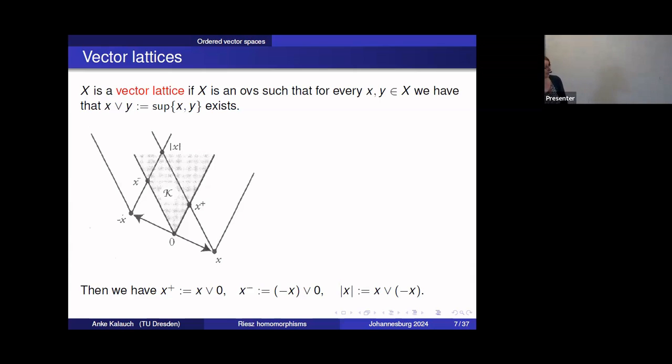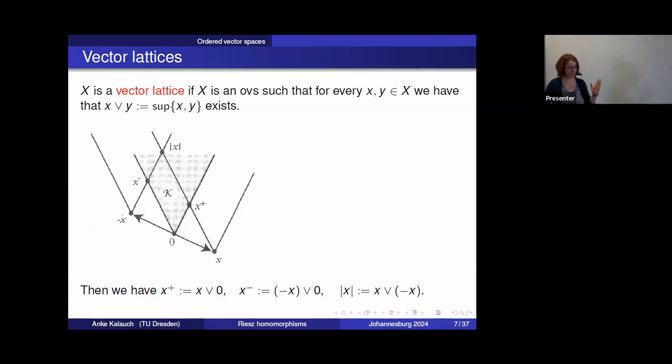Vector lattices are very nice. In vector lattices, I have supremum everywhere. So I can look at the supremum of an element and 0, which I call x plus, and the supremum of minus x and 0, which I call x minus, and the modulus. So here I have the x plus, x minus, and the modulus of every element. And this makes the whole theory of vector lattices so nice.